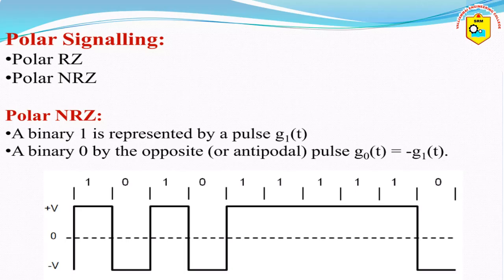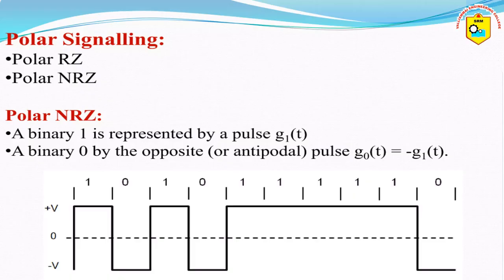The next type is polar signaling. Similar to unipolar signaling, you have two types in polar signaling, return to 0 and non-return to 0. Whereas in polar type, you have two amplitudes, positive and negative. When bit 1 is transmitted, it represents the positive amplitude, and when bit 0 is transmitted, it represents the negative amplitude.